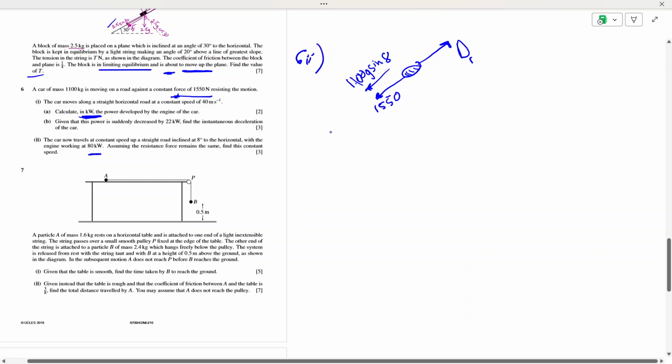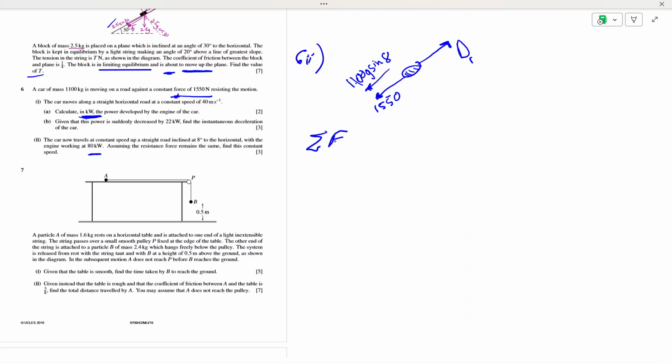We know that the acceleration is 0, so force is equal to ma. Again, acceleration is 0. The question says that it has a constant speed, so that means the acceleration is 0, right? Then I'm gonna treat this direction as the positive and this direction as the negative, right?